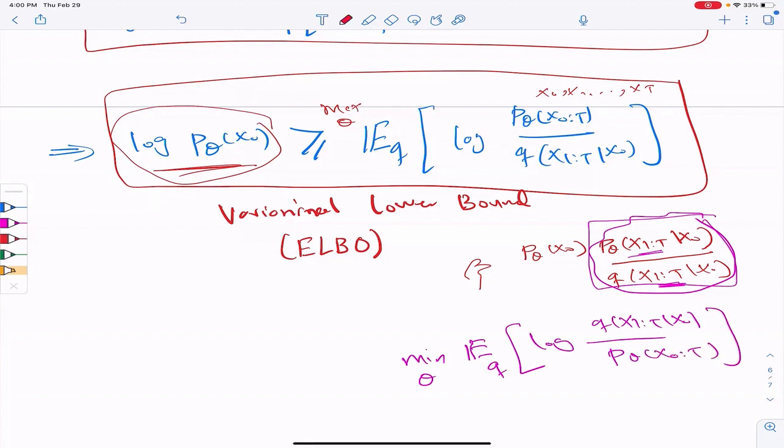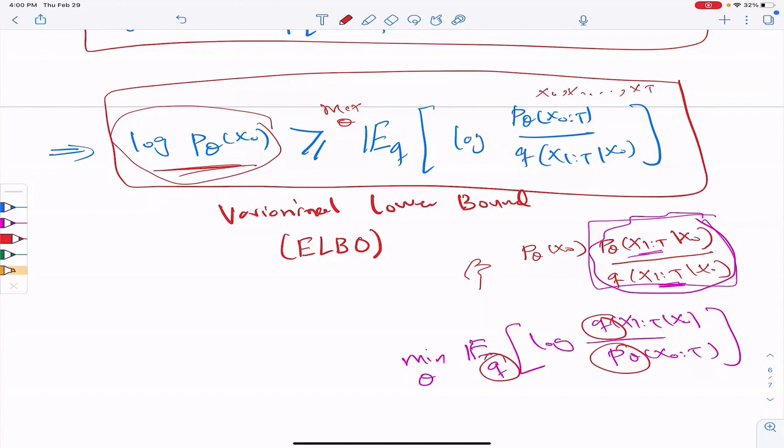Okay, so let's look at it. Expectation over a distribution, log of that distribution over another distribution. Does it remind you of something? It's like KL, right? But it is not actually KL.